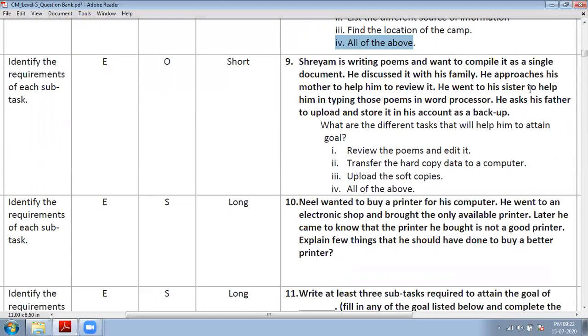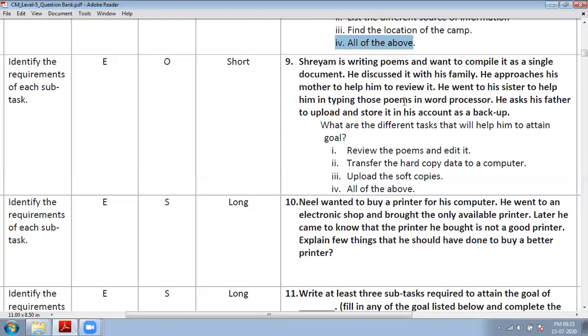He went to his sister to help him in typing those poems in a word processor. This story you have already read. Now he asked his father to upload and store it in his account as a backup. So the question is, what are the different tasks that will help him to attain the goal?